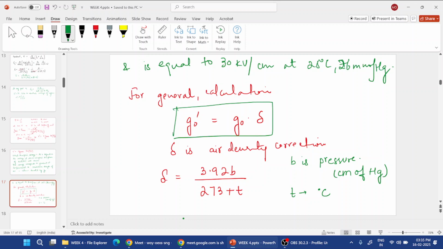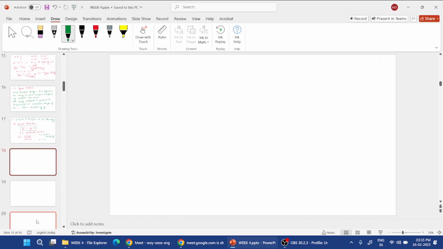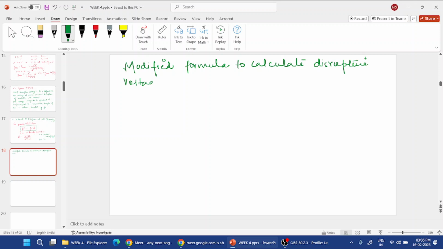Now moving on to this. These corrections will be incorporated in the critical disruptive voltage. So the modified formula to calculate the disruptive voltage is V dash is equal to r G naught delta log d by r kV.